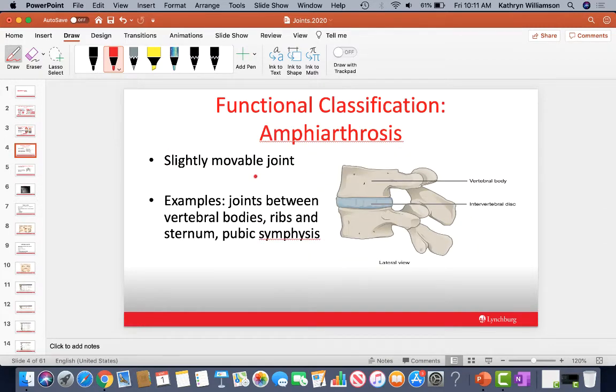Our second functional classification is amphiarthrosis, and these joints are slightly movable. Some examples of amphiarthrotic joints are the joints formed between the vertebral bodies of the spine, the joints formed between the ribs and the sternum, and the joint formed at the pubic symphysis. All of these are basically joints of the axial skeleton.